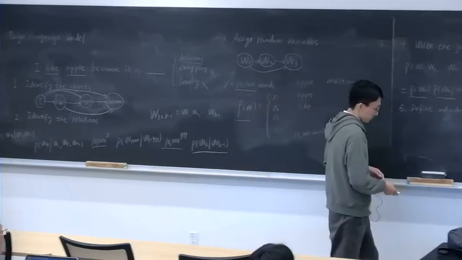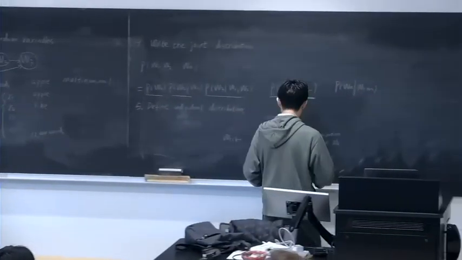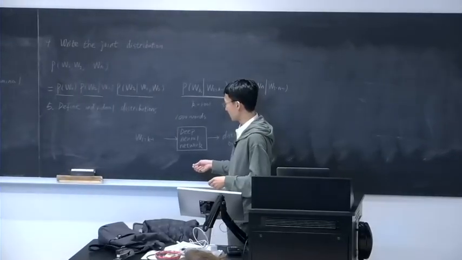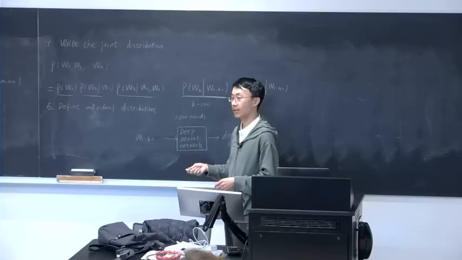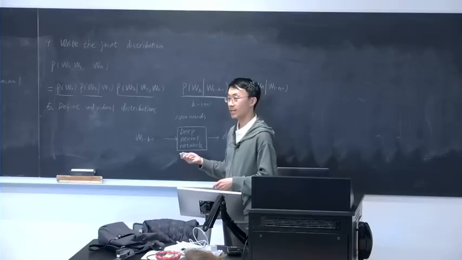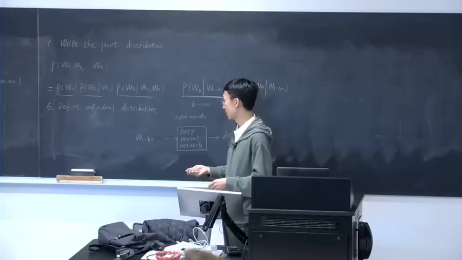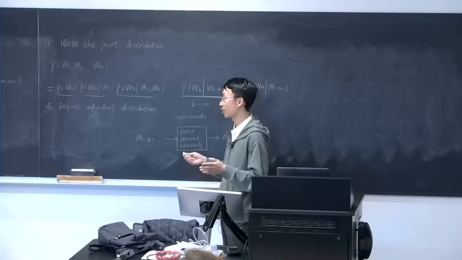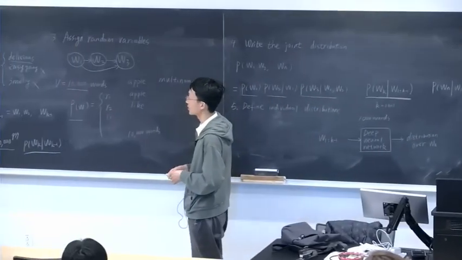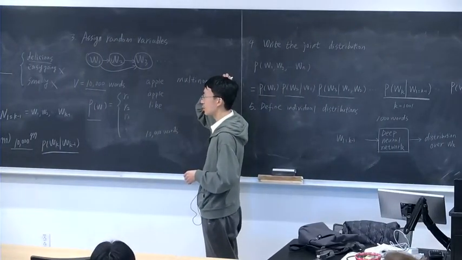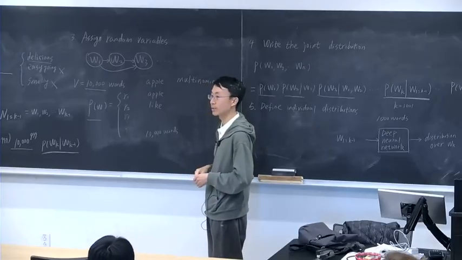And then later, people introduced deep neural networks into this task, starting from RNN. Now the state of the art is the transformer. We are going to talk about the transformer when we come to the specific lecture about large language models. Here we are just using it as an example to illustrate how to design a Bayesian network.